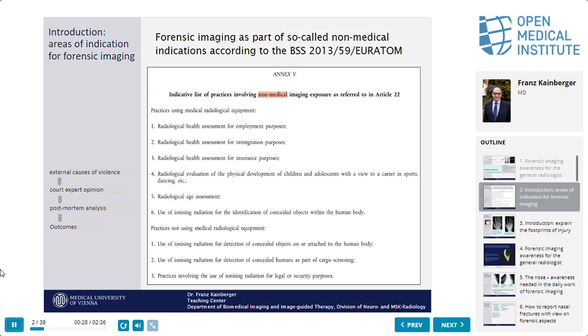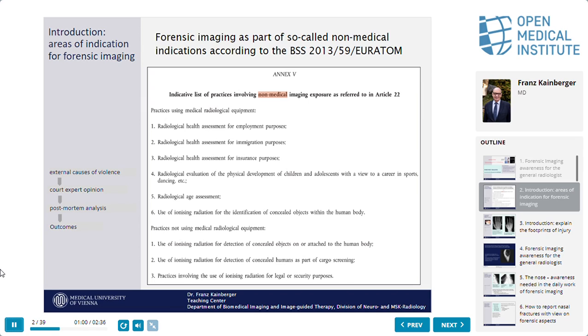in which situations we should consider that some issues may be brought to a court. There is now in Europe a relatively long list of when referrals to radiology should be done with a view on forensic aspects and also other so-called non-medical imaging referrals.